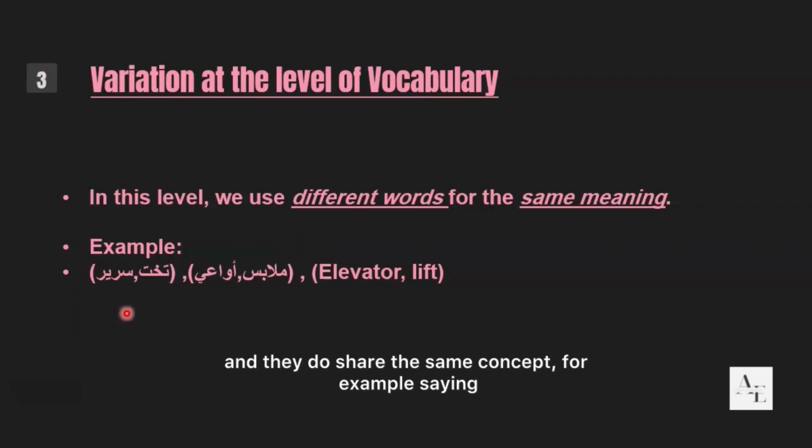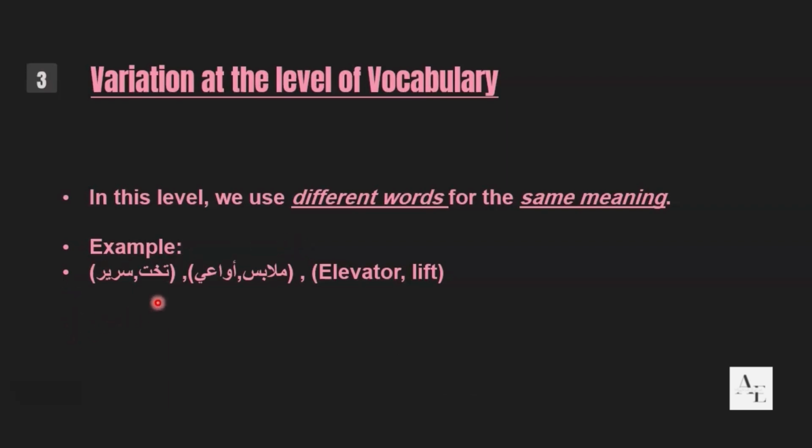For example, saying تخت or سرير. We use different words for the same concept. ملابس and أواعي mean the same thing. Elevator and lift both mean مصعد, but elevator is used in American English while lift is used in British English. So here the lexical variation can tell us whether the person is from the US or the UK.